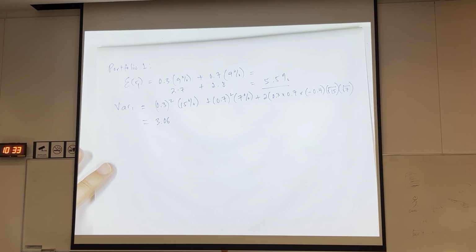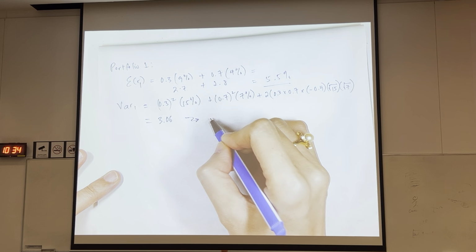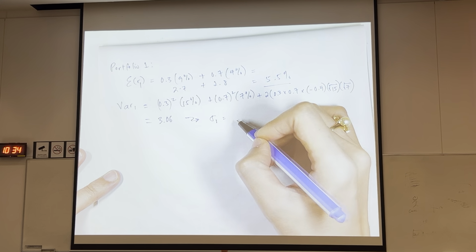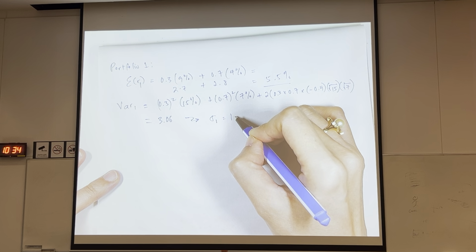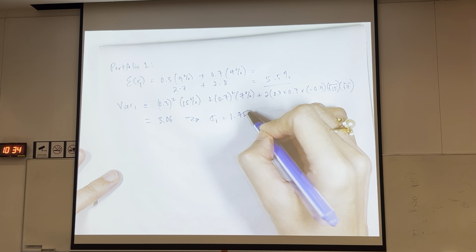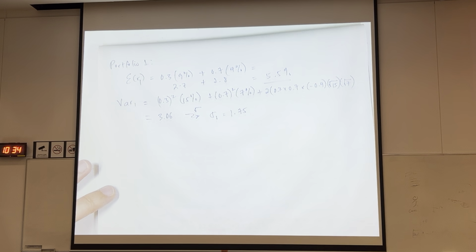Of course, if you want to know the standard deviation of portfolio 1, it's just the square root of 3.06, which is 1.75.